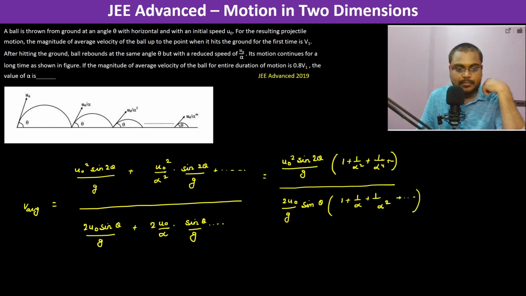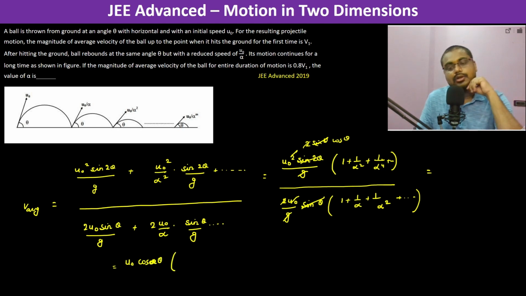Okay, so this becomes, so g is gone, u naught, this is gone, this is 2 sine theta cos theta, so sine theta and sine theta is gone, 2 is gone, so u naught cos theta. So this becomes u naught cos theta, sorry, and 1 plus 1 by alpha whole square and all. Okay, so this becomes a by 1 minus r to the power n, alpha square.